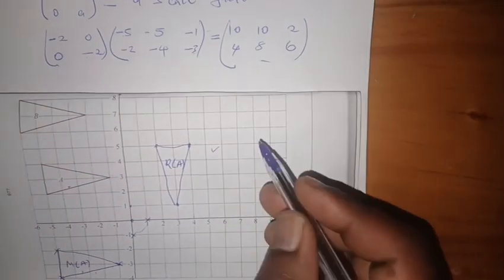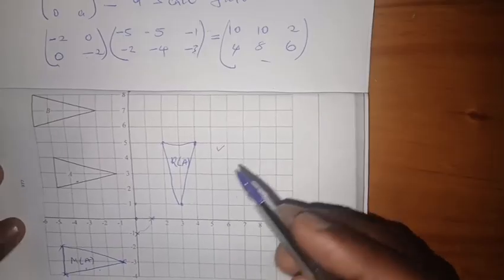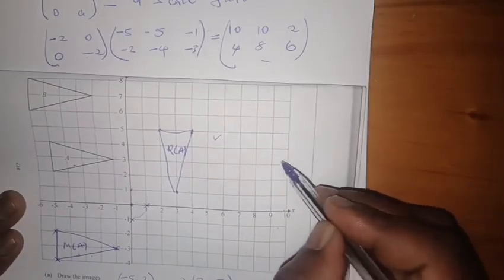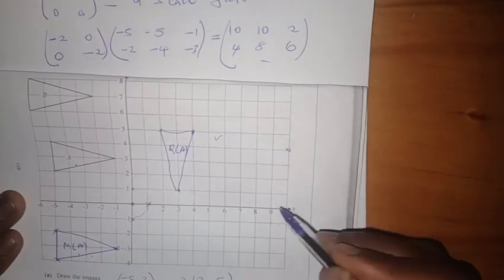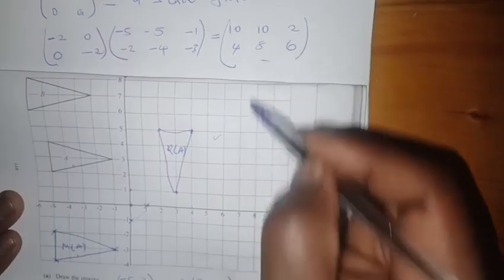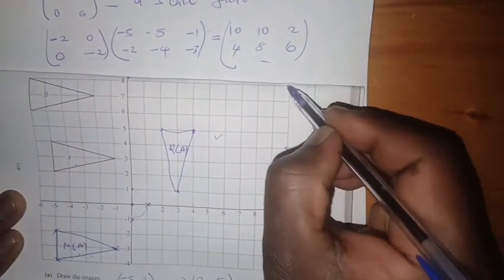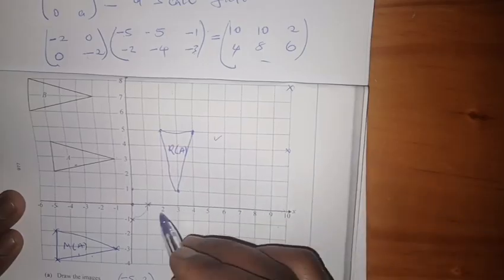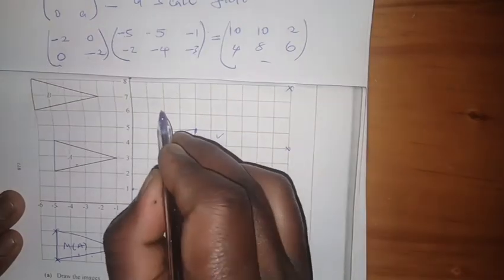Let's try to plot. It's 10, 4. It's here. Next, we're having 10, 8, it's over there. And then the last one, it's 2, 6, it's here.